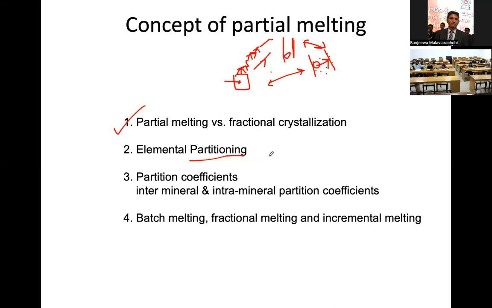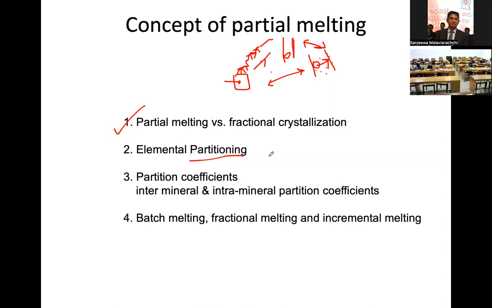For this elemental partitioning to happen, there are certain criteria to be accomplished also. All the elements will not move here and there as they want. Other physical parameters are necessary to control them, for example pressure and temperature, and also the overall composition of the solid or the melt. That is the first requirement.